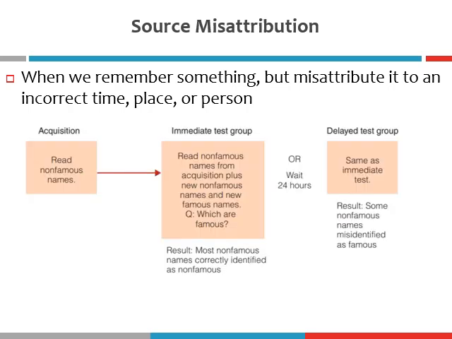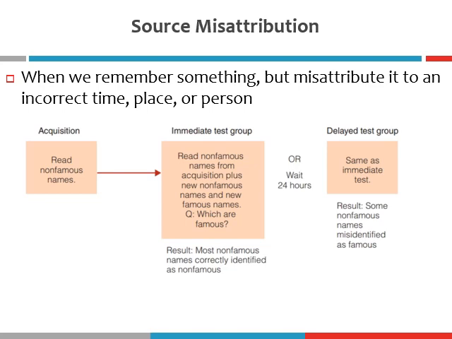The classic way that source misattribution has been studied in the laboratory is through something called the false fame effect. In the classic paradigm that cognitive psychologists use, we have people come into the laboratory and they read a list of non-famous names, right? So for example, they might see Sebastian Weisdorf, or Leslie Norman, or Hope McCulley, right?